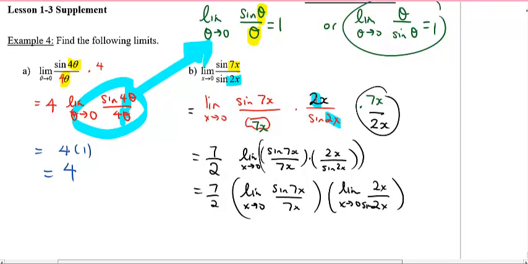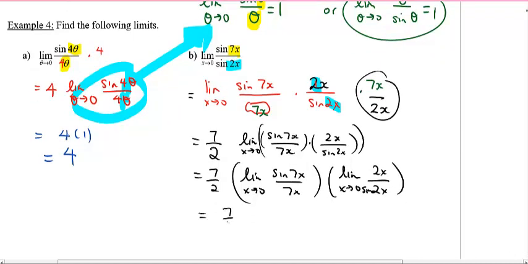And I hope you can see that now this just equals 1. This also equals 1. So 7 over 2 is my answer. Beautiful, beautiful, beautiful.